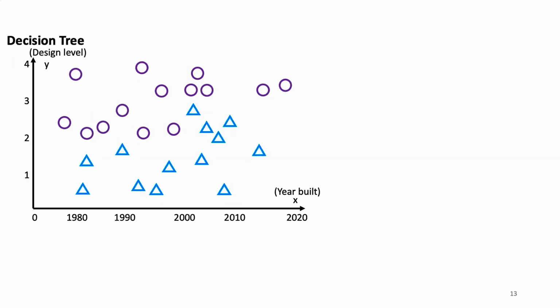We can ask our first question about one of the features, for example, x. Is it built before 2000, right? Based on this question, we can draw a separator to divide the data into 2 groups. As you can see, the separation is not perfect. You have both circles and triangles in 2 groups.